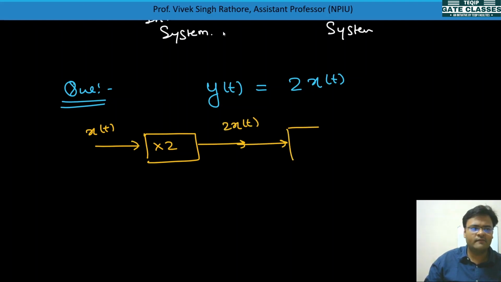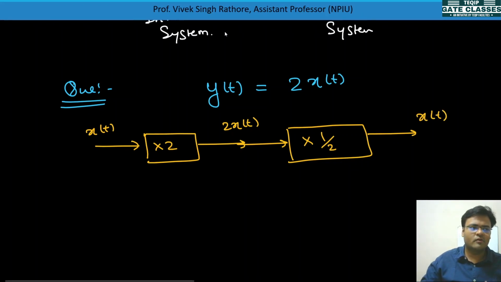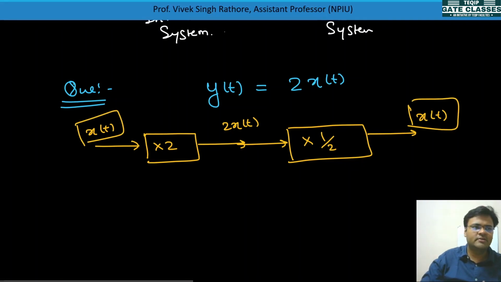Can we give this output as an input to another system? Let's suppose one system multiplies by half. Whatever input is there, it will multiply by half. So if 2x(t) comes, it will produce x(t). This x(t) is the same as the original x(t), which means this system is the inverse system.